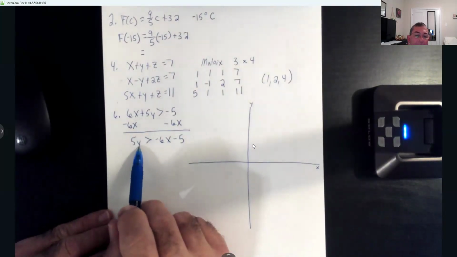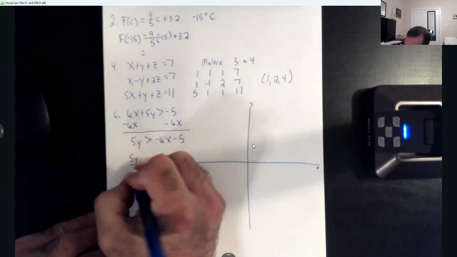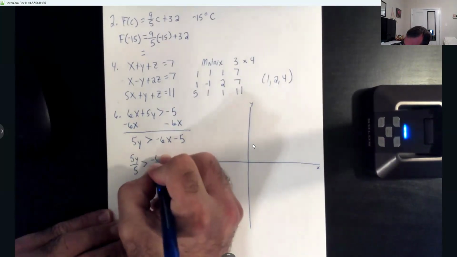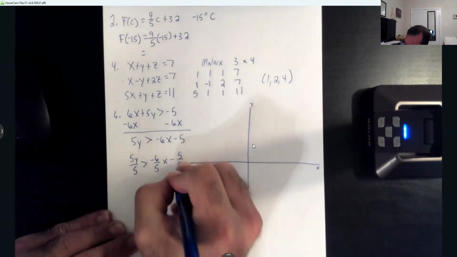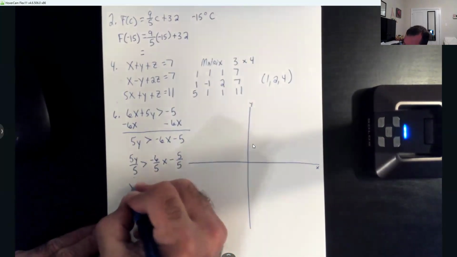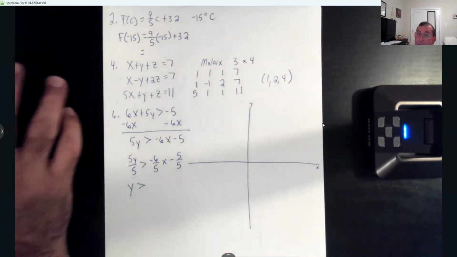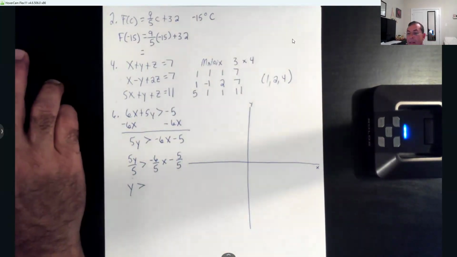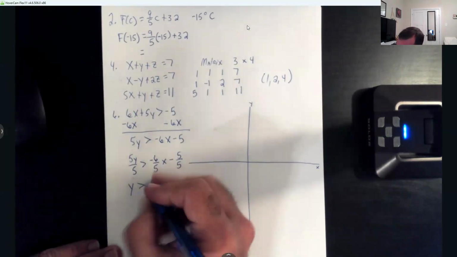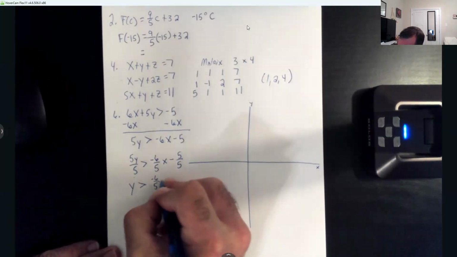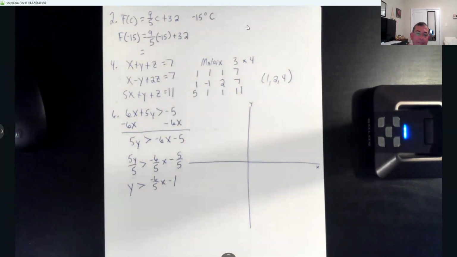Now, we need to divide everybody by 5. So 5 divided by 5 gives you 1Y greater than. I did not reverse that because I didn't divide by a negative, okay? So that just gives me negative 6/5 X minus 5 divided by 5 is 1.